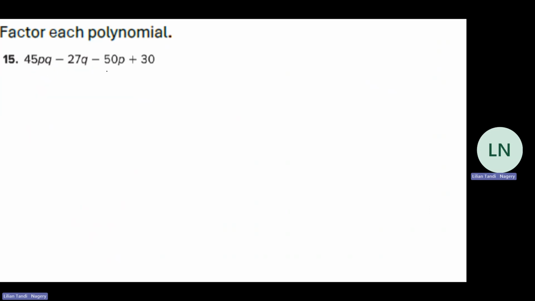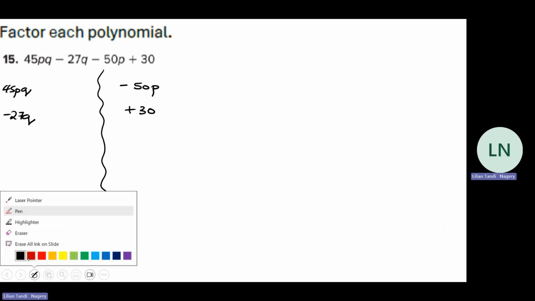We move on. We do this. Here you're going to do 45PQ. And here you're going to do negative 27Q. Here you're going to do negative 50P. Here you're going to do plus 30. Okay?